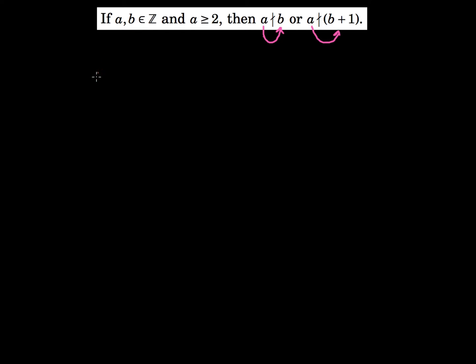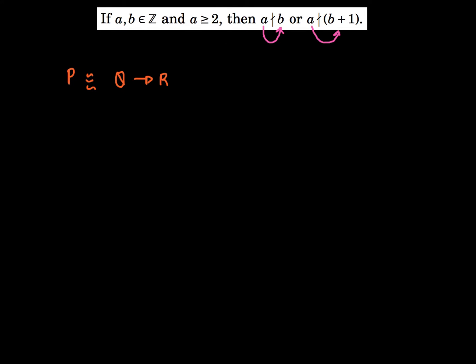Okay, so let's rewrite this as follows. Let's say I have some statement P that happens to be logically equivalent to this argument of if Q then R. Q in this case happens to be this piece over here.